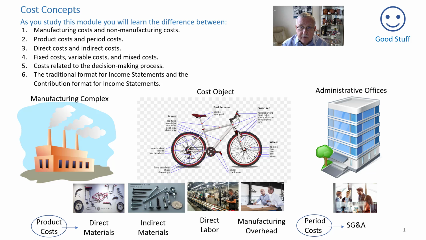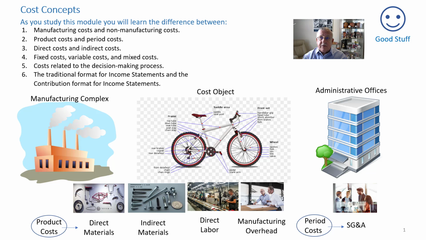It's indirect because it's part of the factory operations, can't be traced directly to any individual product produced, but is important to the process. Manufacturing overhead includes the cost of utilities, the cost of factory rent, the cost of depreciation of the equipment, and property taxes.